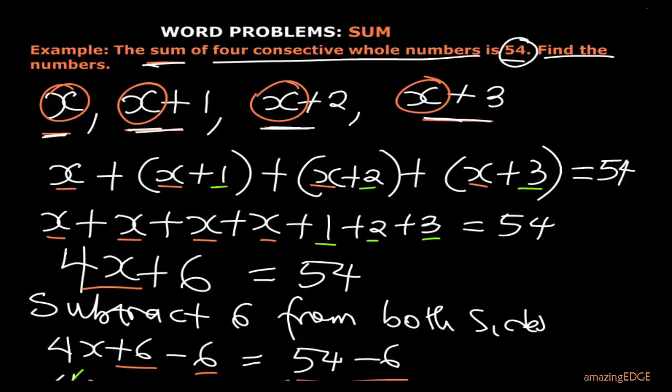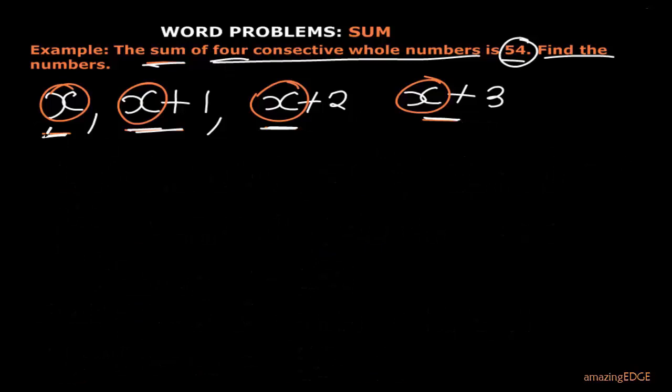The question says we should find the numbers. There are 4 of them. So these are the numbers now. Here, we got x to be 12. So here we have x, which is 12. Then here you have 12 plus 1. Here you have x, which is 12 plus 2.